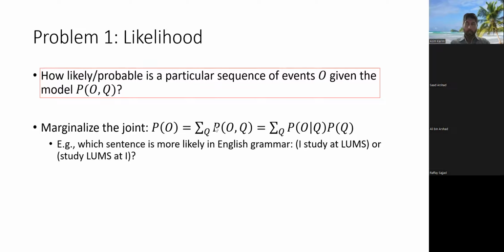So what is the probability of a sequence of words given our model? When I say our model, it means the distribution over O and Q. If we know the distribution over O and Q, we can find out the probability of a particular sequence of words, capital O. And if there are 2 or 3 such sequences, we will know which sequence is more likely. That's why this is called the likelihood problem.